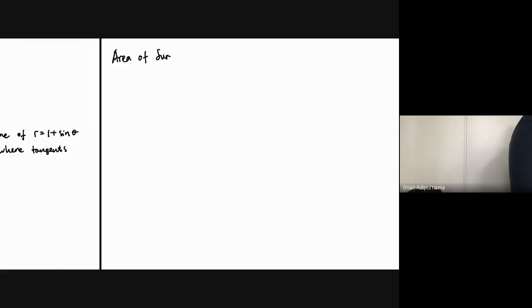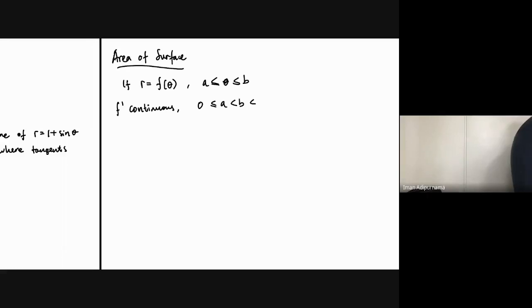Area of surface. So if you have the equation r equal to a function of theta, and theta is from a to b, the function is continuous, and theta is in between two.